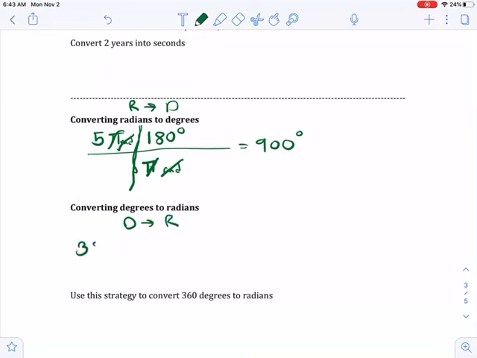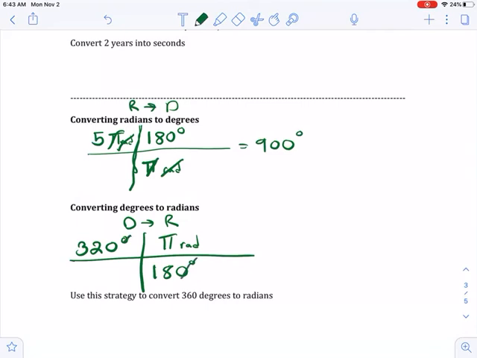So this is degrees to radians. Let's say I have 320 degrees, and I want to convert to radians. My difference here is that I'm going to put 180 degrees on the bottom because that's what I want to get rid of. And I can put pi rad here again, not super commonly written like that. You can just leave it as pi if you want, but I'm going to put it in here for transparency. My units cross out, so I end up here.